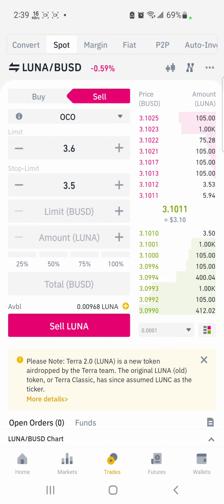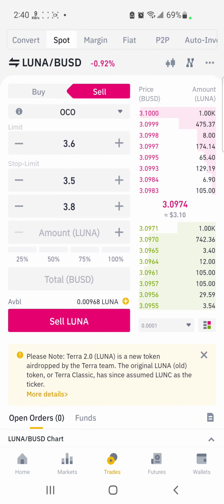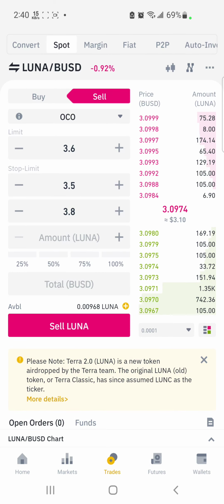And then your limit order now, your limit here would have been how much you would want to sell your coins for, right? And I'm saying, oh, okay, cool. I would like to sell for $3.08, right? Now, which of these criteria do you think would have gone through first?